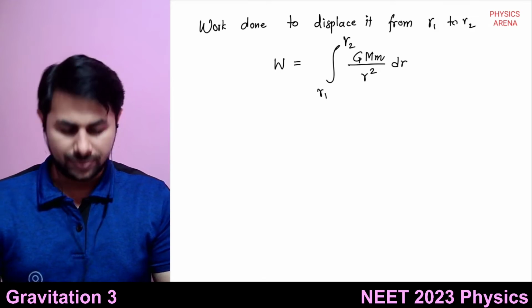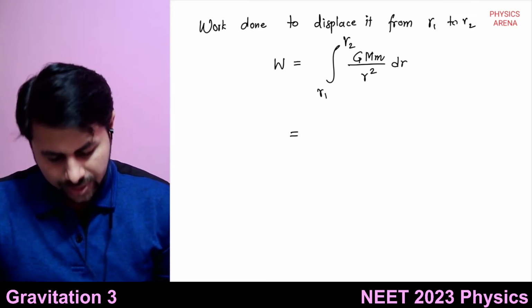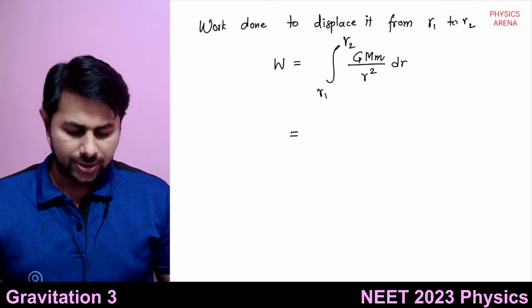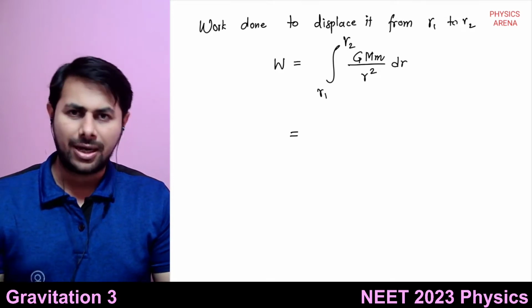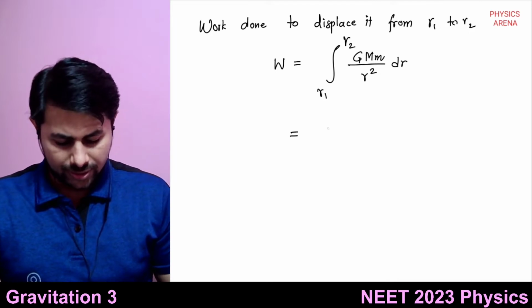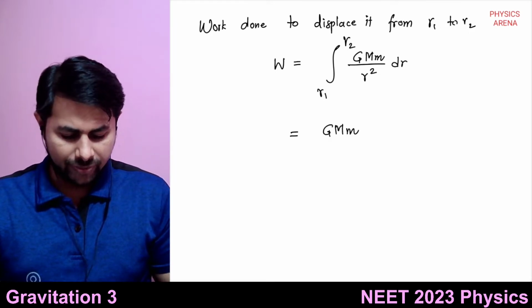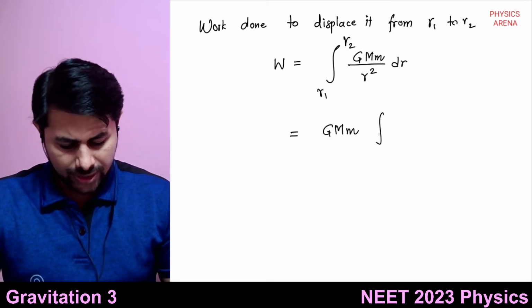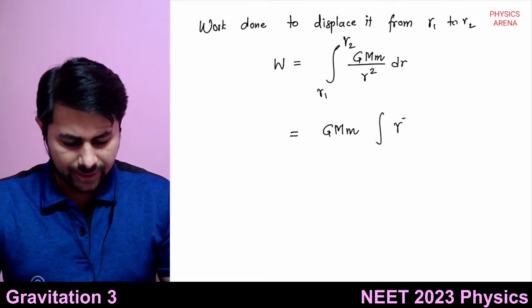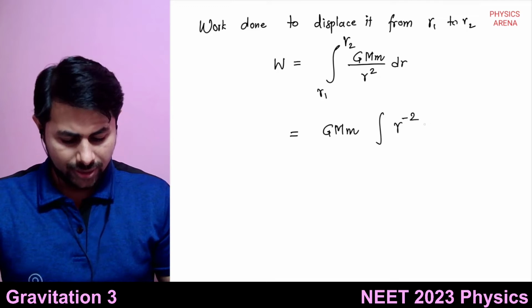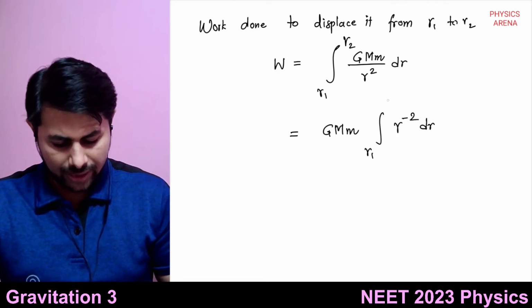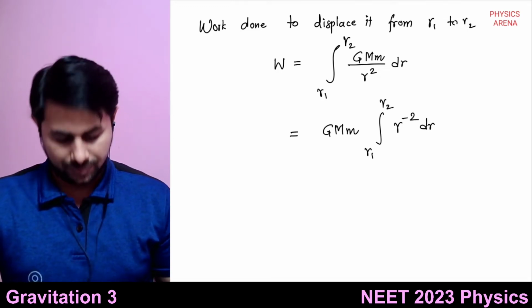Now G times M into m is a constant, we can take it outside of the integral. So it is just the integral of 1 upon r square, or r raised to minus 2, dr from r1 to r2.